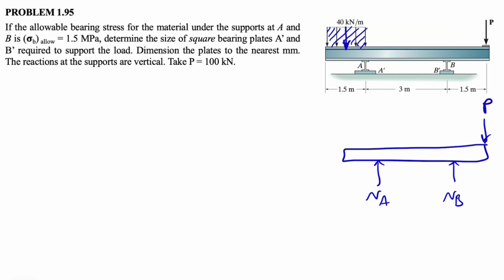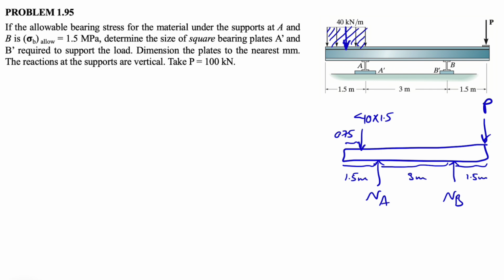We know this whole distance is 1.5 meter, we have 3 meter in here and 1.5 meter here too. So this will be 1.5 divided by 2, or 0.75, and the force would be 40 times 1.5.